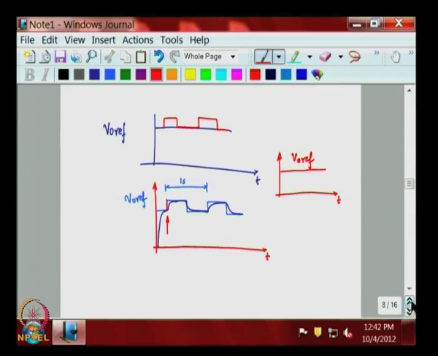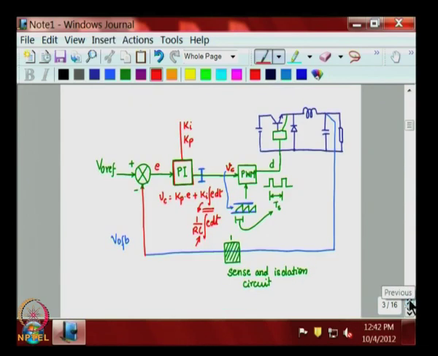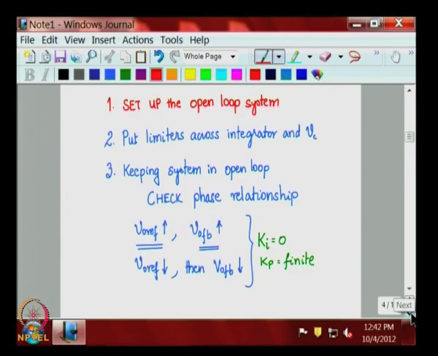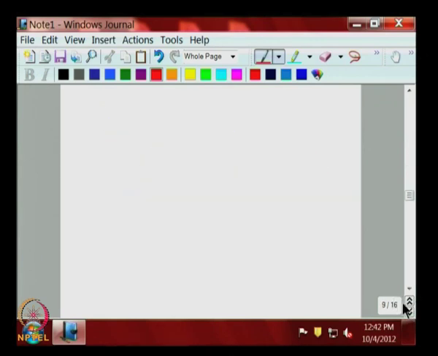Let us view this on a simulation platform and see how we go about tuning it. This exact circuit can be simulated on many platforms. Here, let me demonstrate to you on a few open source softwares.